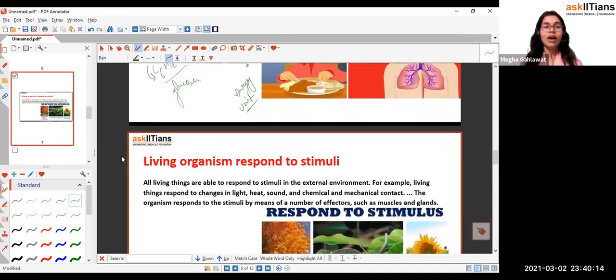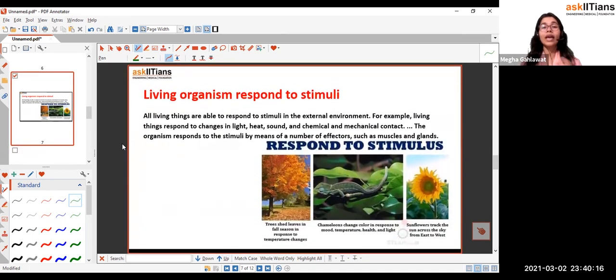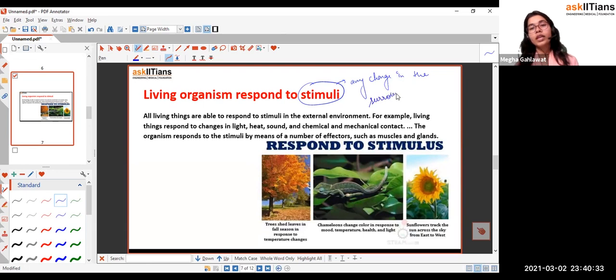Next thing that we have is that living organisms respond to stimuli. First things first, what is a stimulus? Stimuli or stimulus is any change in the surrounding. This stimulus could be internal, it could be external.